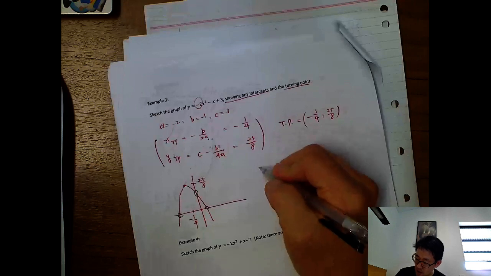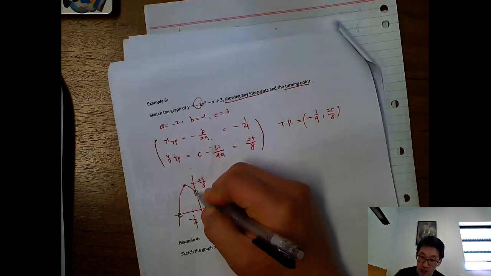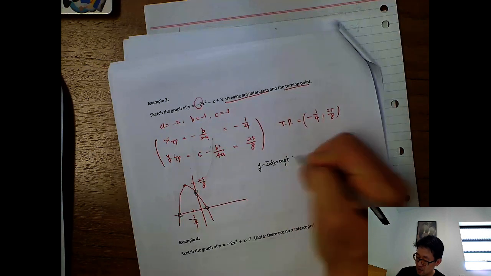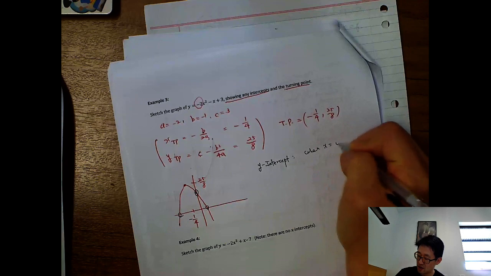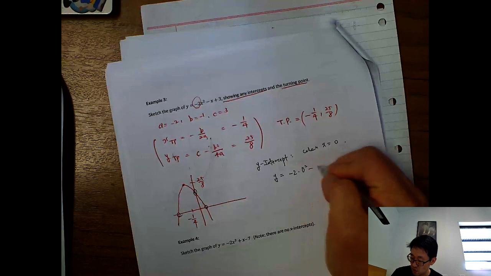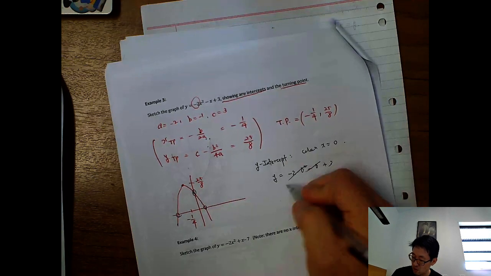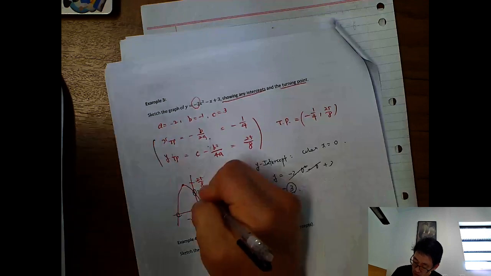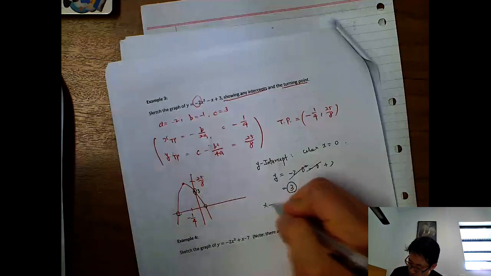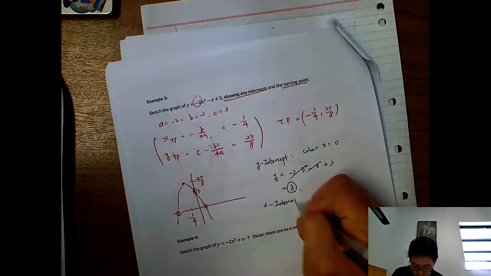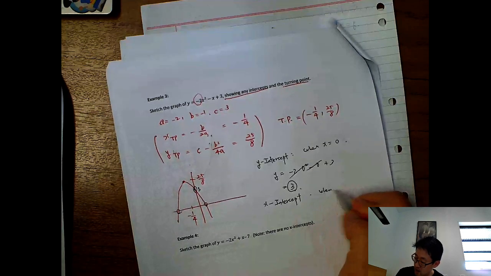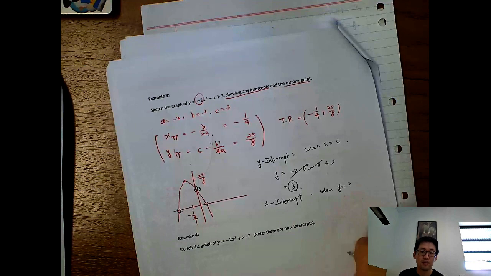Good. So let's get the y-intercept, when x equals 0. So y equals minus 2 times 0 squared minus 0 plus 3, all gone, so 3. So that's 3. And the x-intercept is when y equals 0.